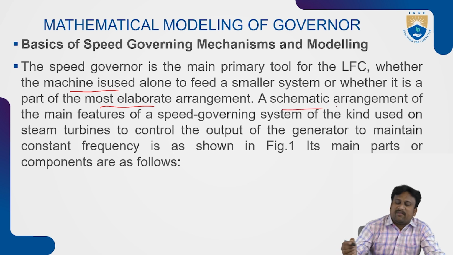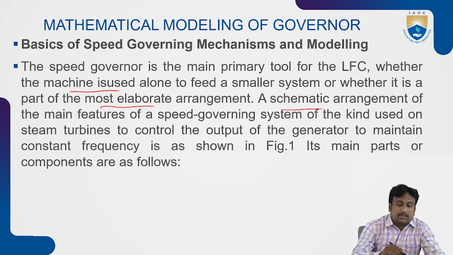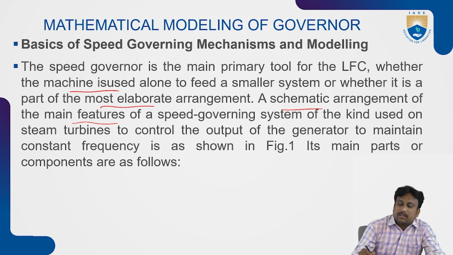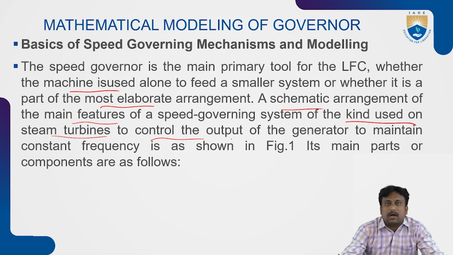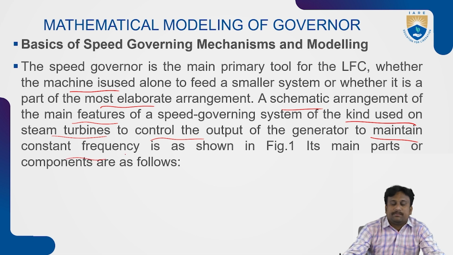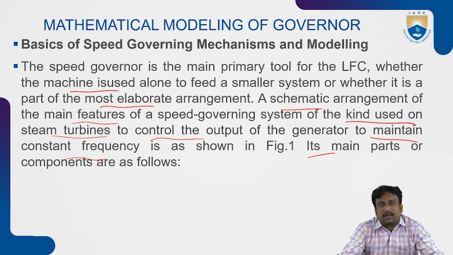So we developed a model in the manner of a schematic arrangement. These are the main features of the speed governing system that may be used on steam turbines. It is introduced to control the output of the generator and maintain constant frequency. Here its major blocks or components are represented.